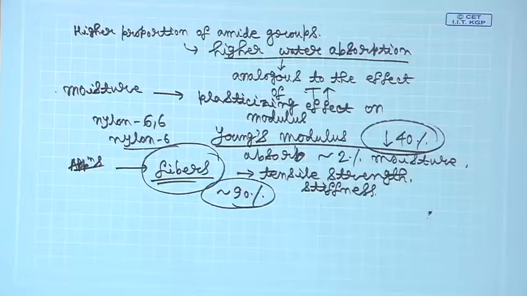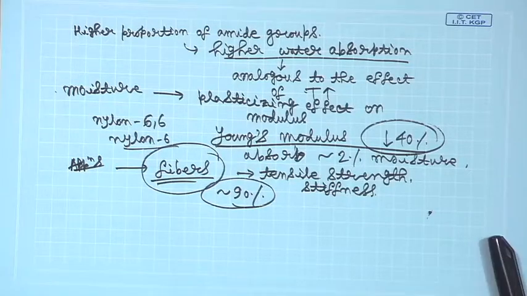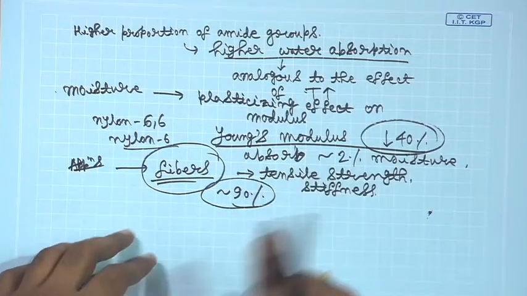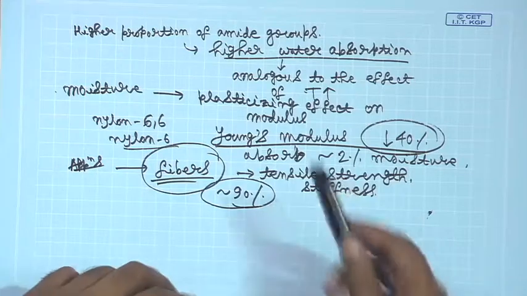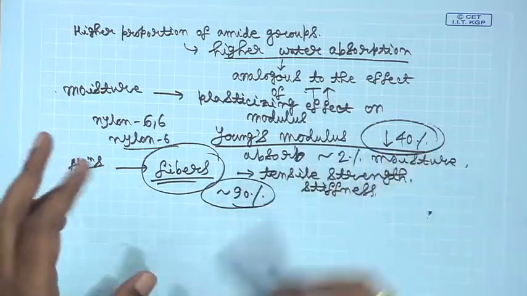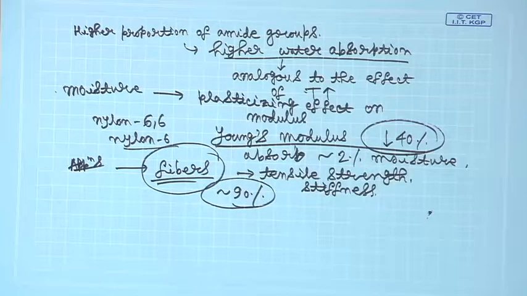These nylons are engineering polymers, and the cost is much higher. However, they are used as fibers, and 90% of their production is accounted for by their use as fibers. They have a very optimum combination of toughness, rigidity and quite reasonable heat resistance, because the melting points are quite high, more than 200 degrees Celsius, and so on.